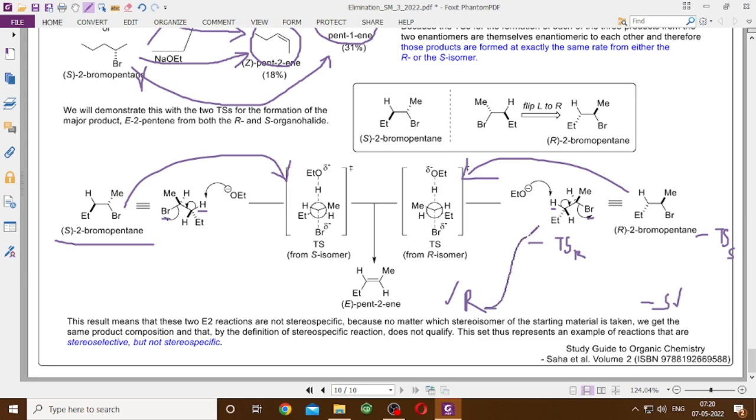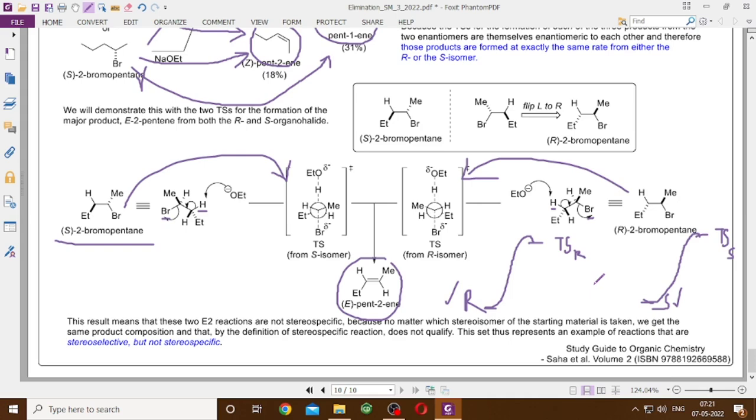So the activation energy for accessing TSR and TSS will also be the same. And therefore, how can a different amount of E-2-pentene form starting from the S isomer and from the R isomer? It cannot. It will always be the same percentage population of the three products, irrespective of the starting material, whether you take the R or the S isomer.